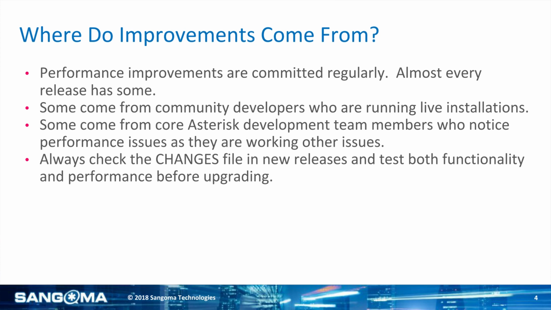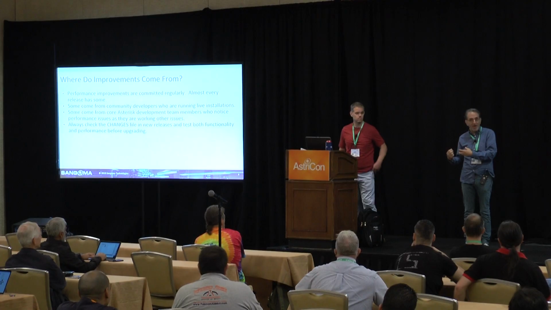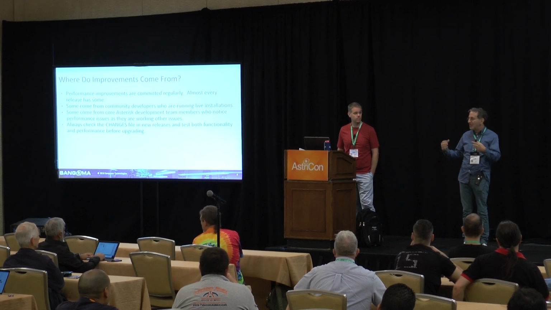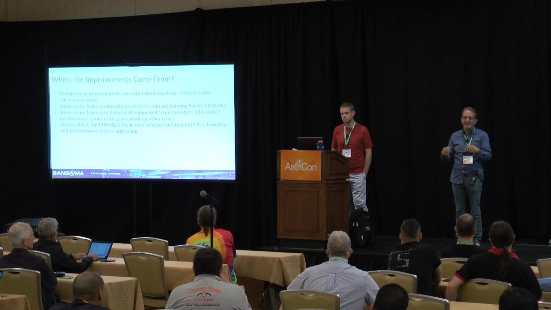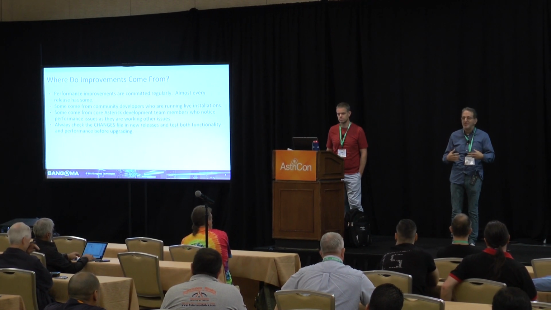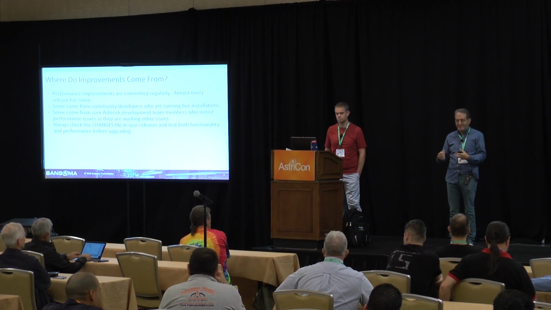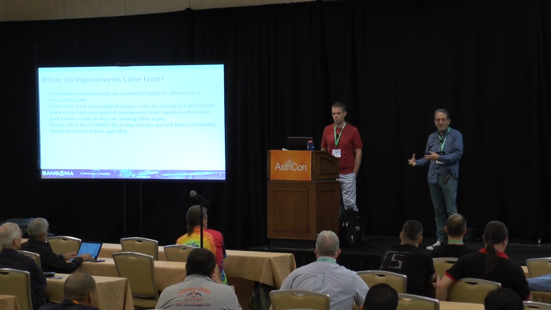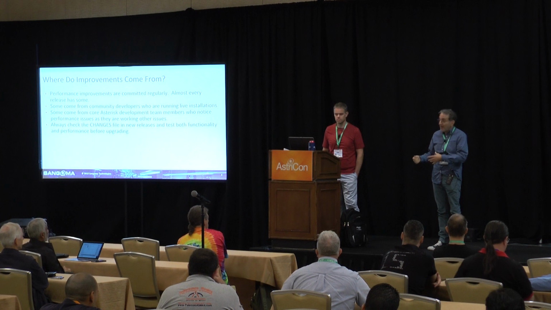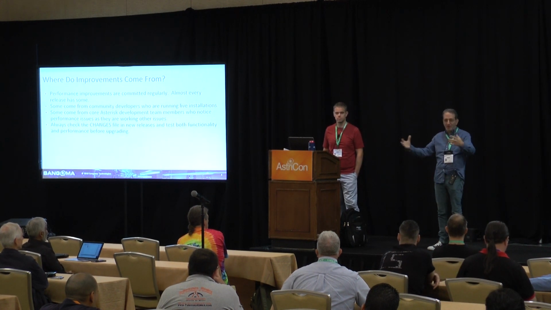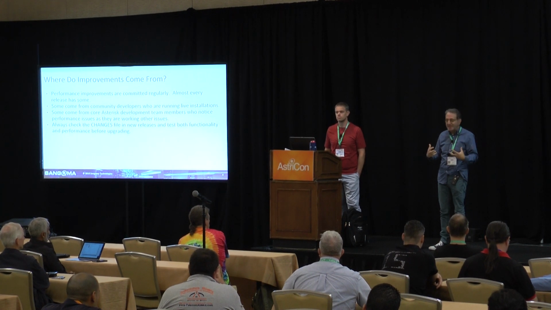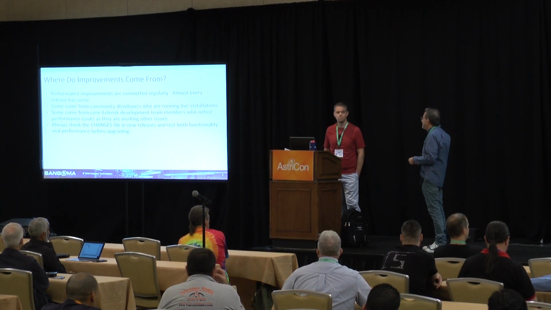Our own PBXs run Asterisk, and we actually learn from those. But the core set of developers, we don't run it. So the best feedback we get is from the community. Somebody said, we're really having a problem with contacts, or we're having a problem with inbound registrations, or we're having a problem with voicemail, and we like the contributions we get from that feedback.